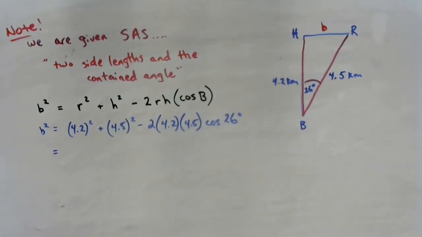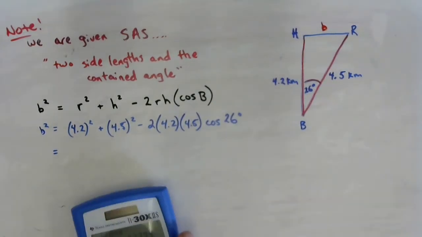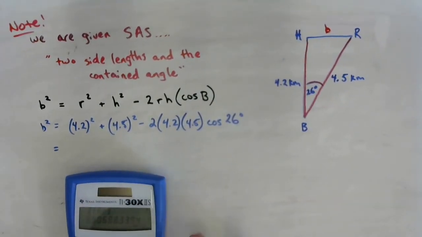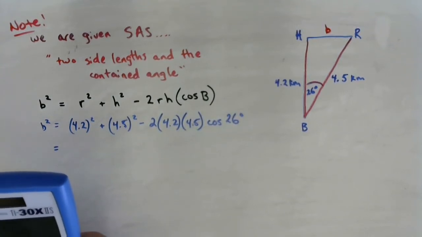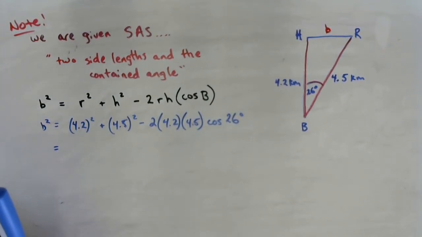Now that whole right side, I could punch into my calculator in one go. 4.2 squared plus 4.5 squared minus, and now I'm not actually sure what my calculator is going to do here. I usually hit enter at this point, and then do minus the next part.